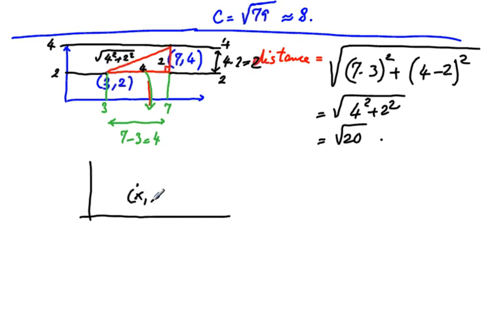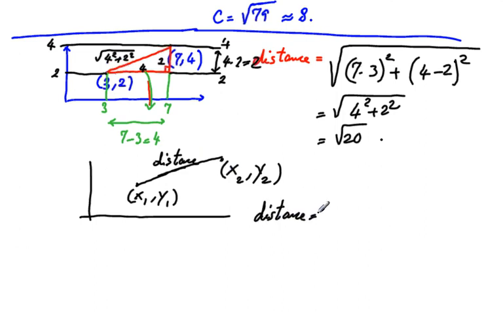I have point number 1 with coordinates I'm calling x1, y1. I have point number 2. The coordinates of this one are x2, y2. I want to find the distance. The distance then is the square root of, I do the same thing. So I've gone from x1 to x2.